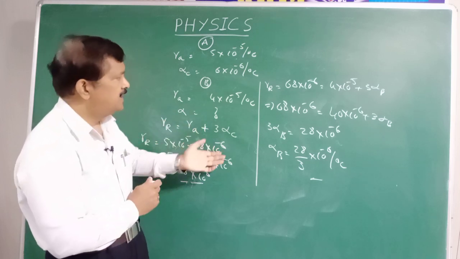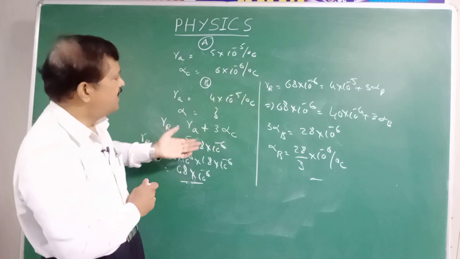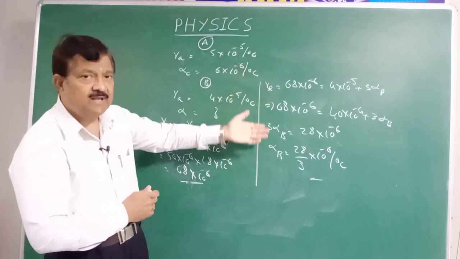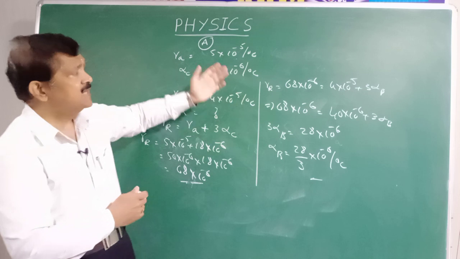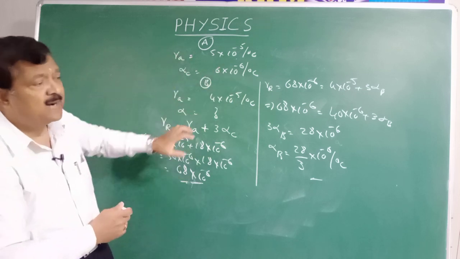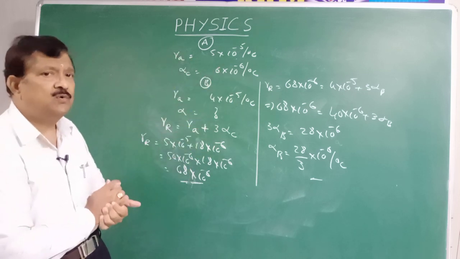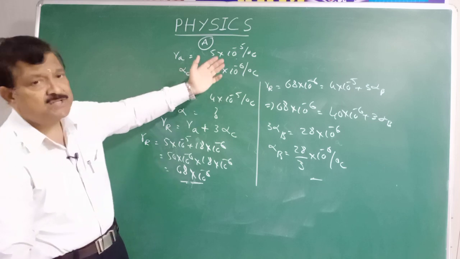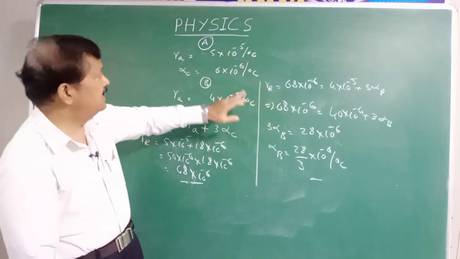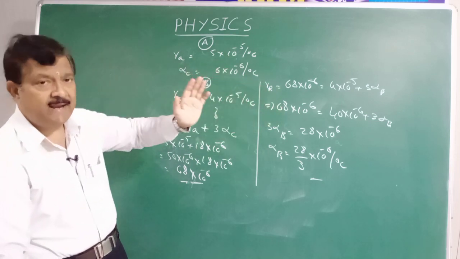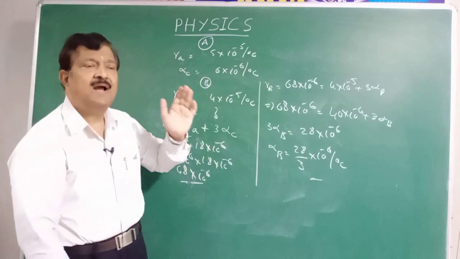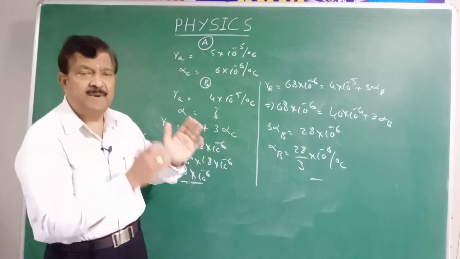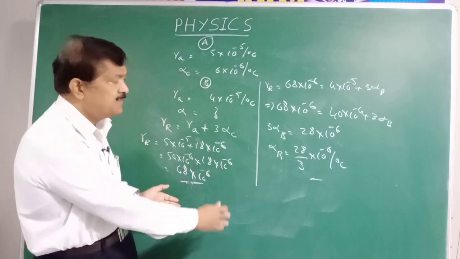Using this principle, we can find out the alpha of one container when the alpha of the other container is given. These are some numerical applications related to the expansion of liquids and the basic relation between gamma a, the coefficient of apparent expansion, and the coefficient of real expansion. Based on that relation, we can have numericals like this.